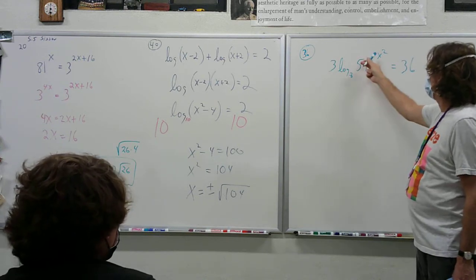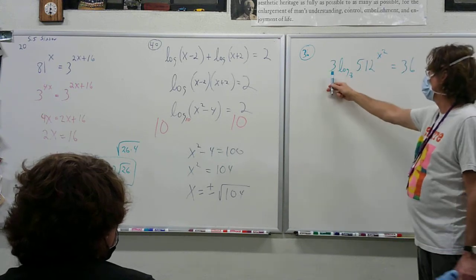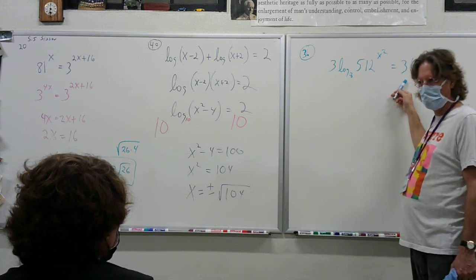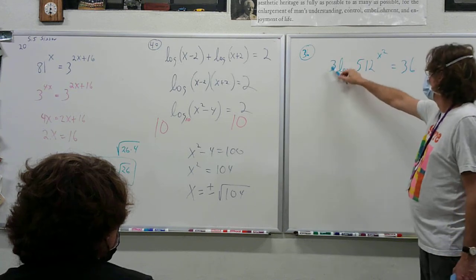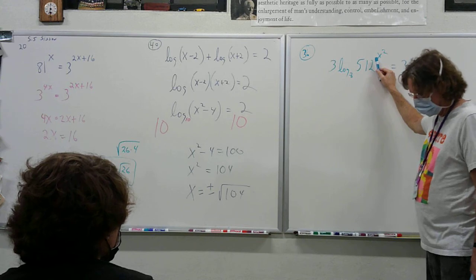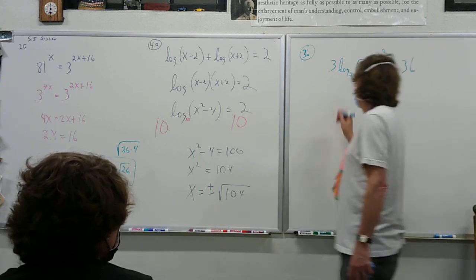You can either put it back up here and make that 3x squared, or you can simply do what? Divide this side by 3 and divide this side by 3. You can do it either way. If you follow the log rule, move 3 back up here, rule 4 in reverse, or just divide both sides by 3.